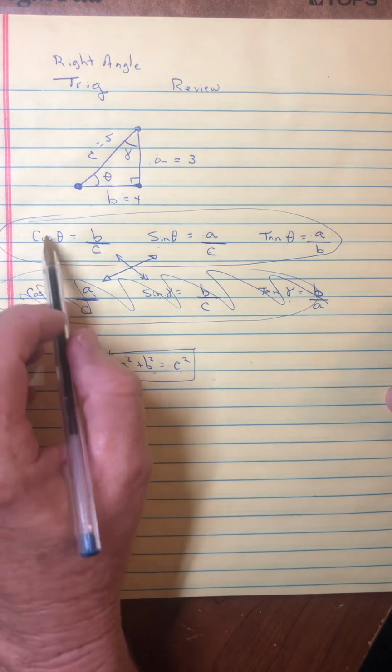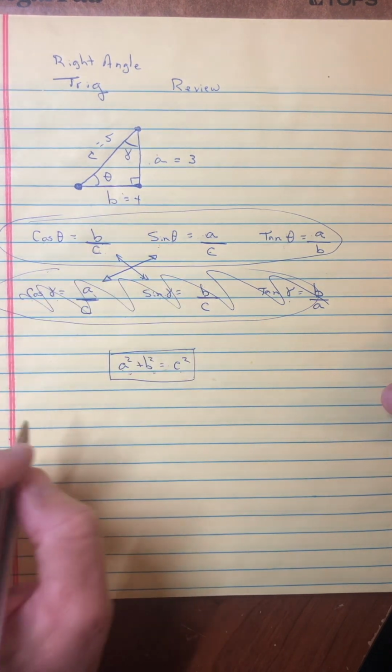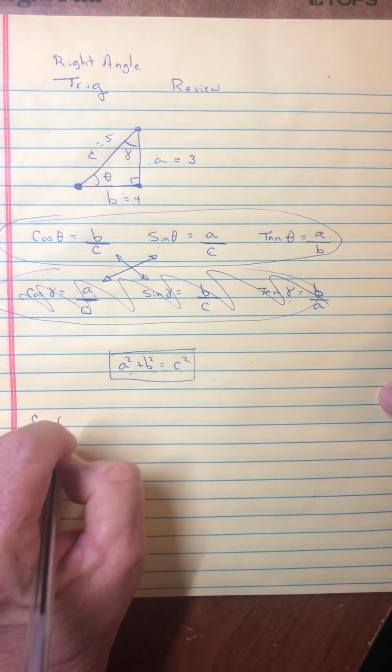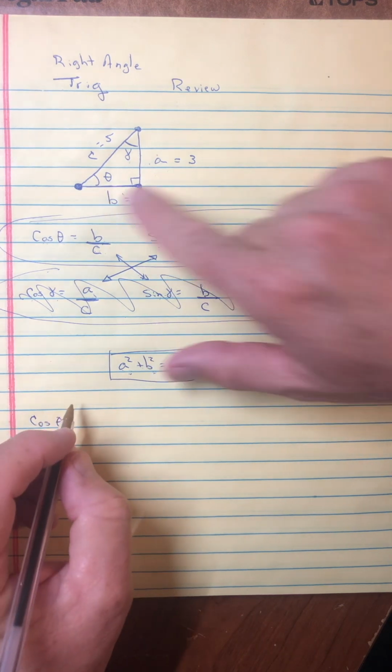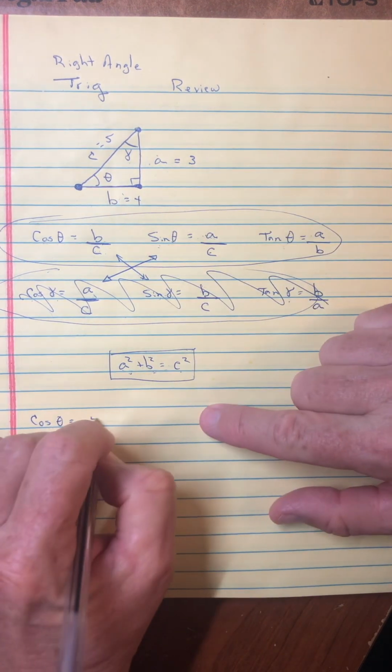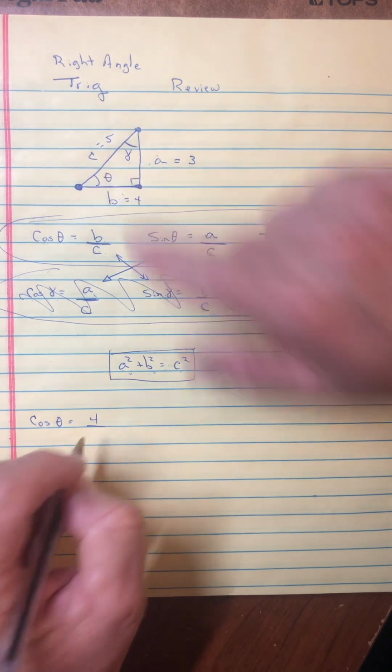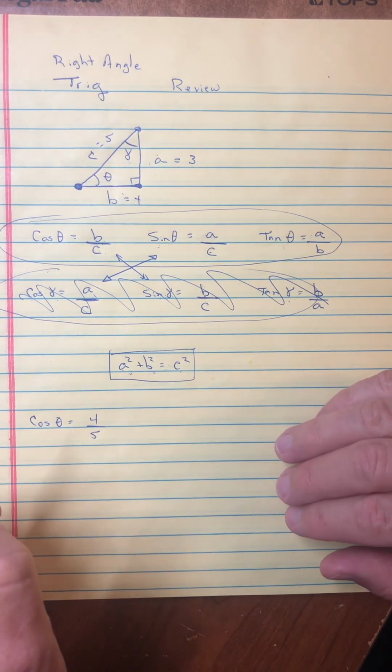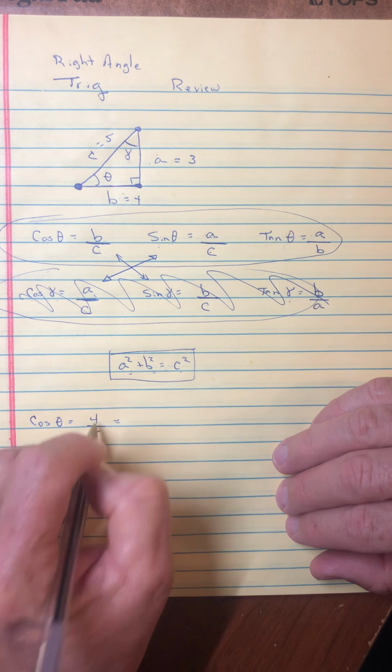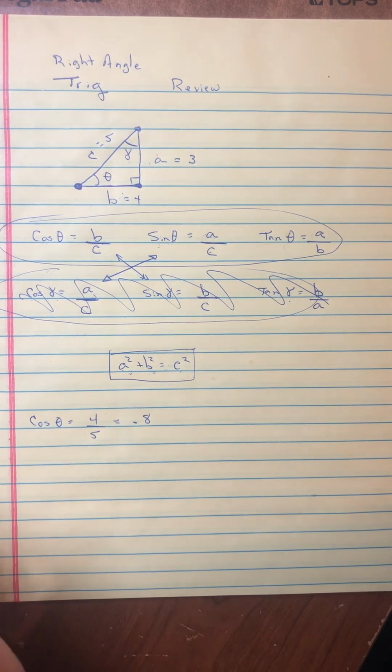And to get that angle, say theta, I would go cosine theta, and it would be the adjacent, which is 4, over the hypotenuse, which is 5. And 4 divided by 5 is 0.8.